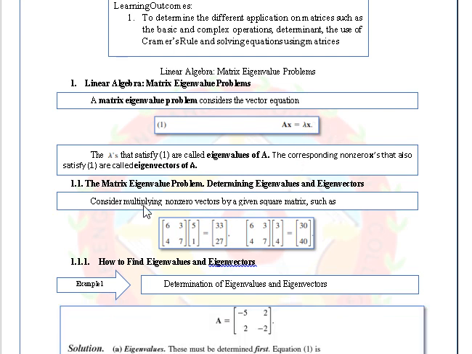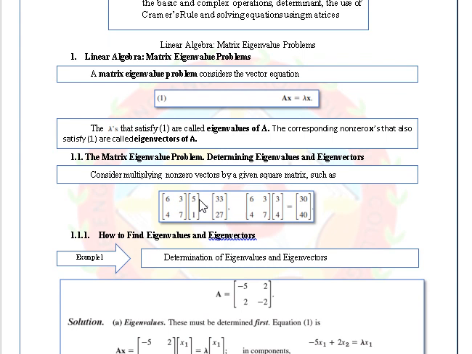So the matrix eigenvalue problem is determining the eigenvalues and eigenvectors. We consider multiplying a non-zero vector by a given square matrix, and there will be a resulting vector, as what we have described in our previous discussion on how to multiply two matrices.